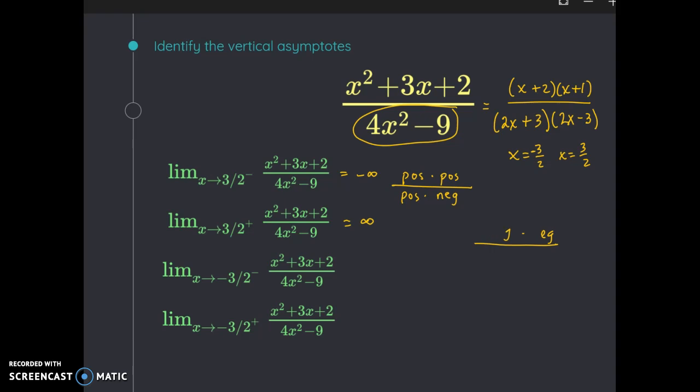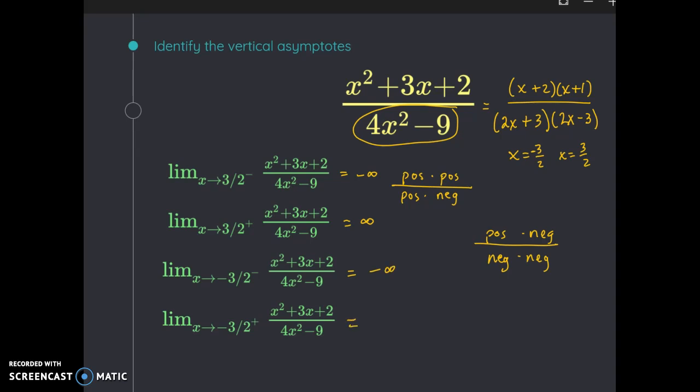No, negative 3 halves plus 2 would be positive. And then negative 3 halves times 2 would be a little bit smaller than negative 3, so it would be negative. And then this would be negative. So I've got negative infinity.